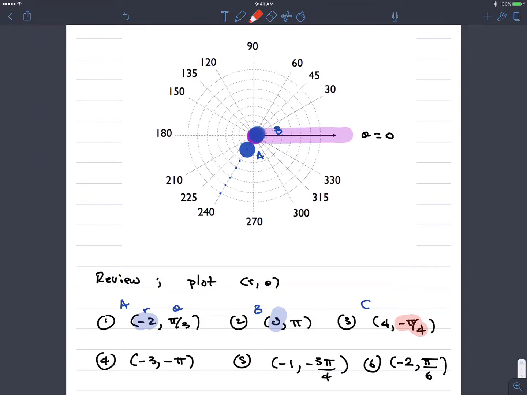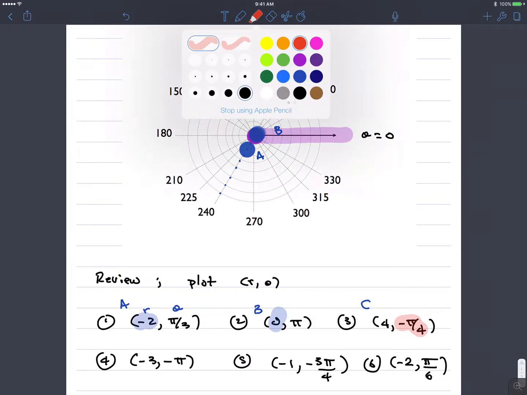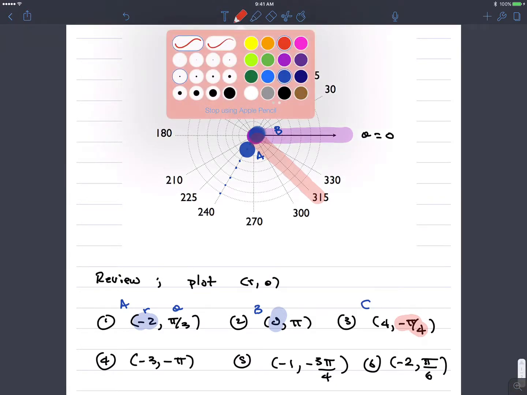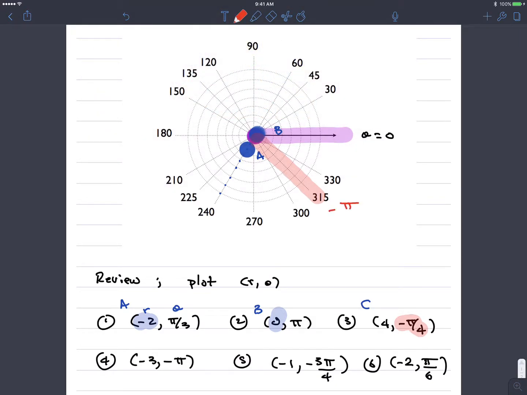Where would that be then? Let me change this color again. Let's be consistent. -45, that's 360 minus 45. What do we get? Is that what we're talking about here? Maybe I should put this in red. So this would be negative what? 315. That's -45. Or the angle is -pi/4.